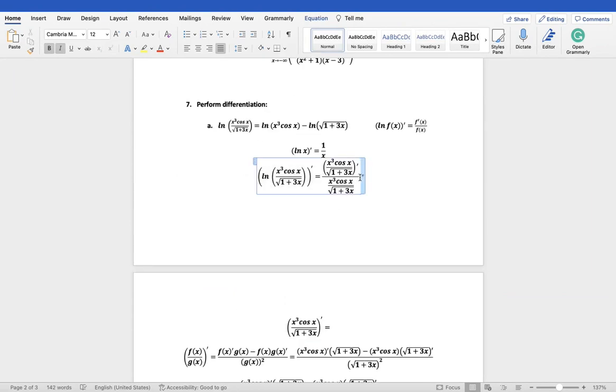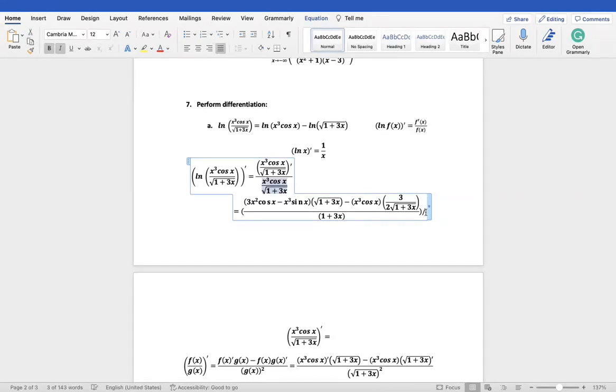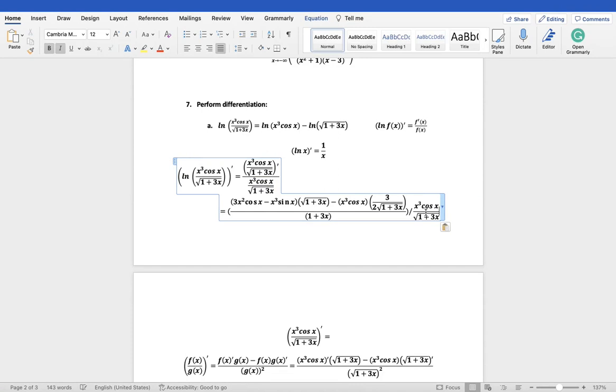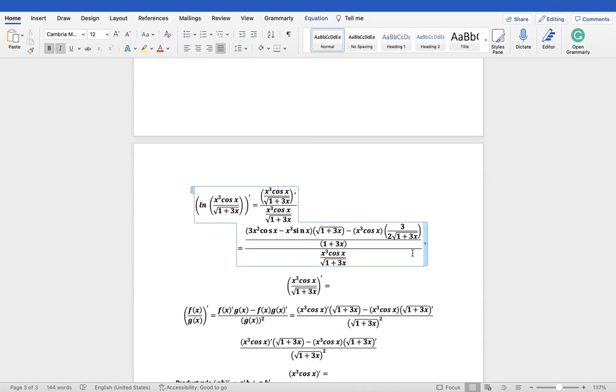So to get our final answer, I'll just plug this whole thing that we found here there, right? Divided by the denominator that we had there. So this is our final answer. Well, not really our final answer, but this is our answer.